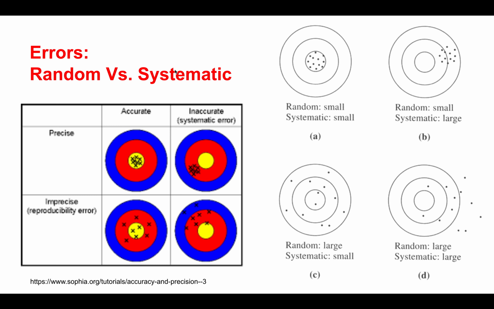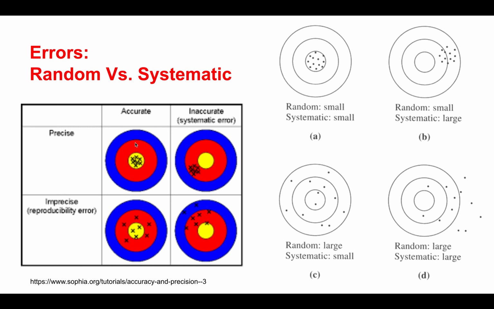We're going to see this again on the next slide. So, again, same thing we just saw. Accurate and precise, all bunched together right in the center. Inaccurate but precise: here they are kind of grouped together, but they're far from the center. So this is an example of systematic error, like the balance is not tared.